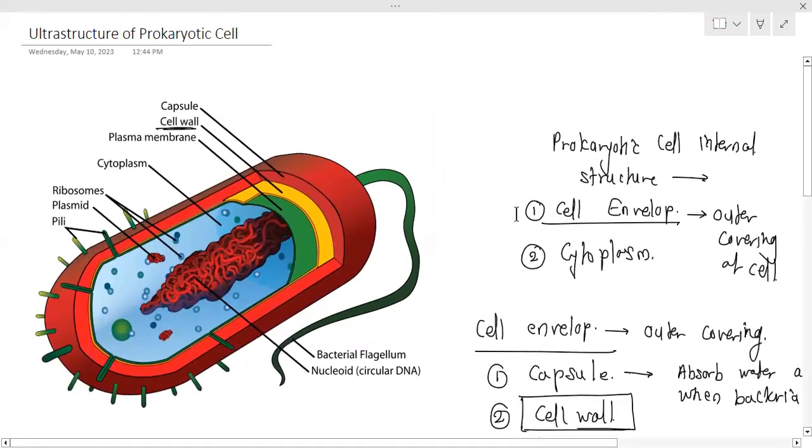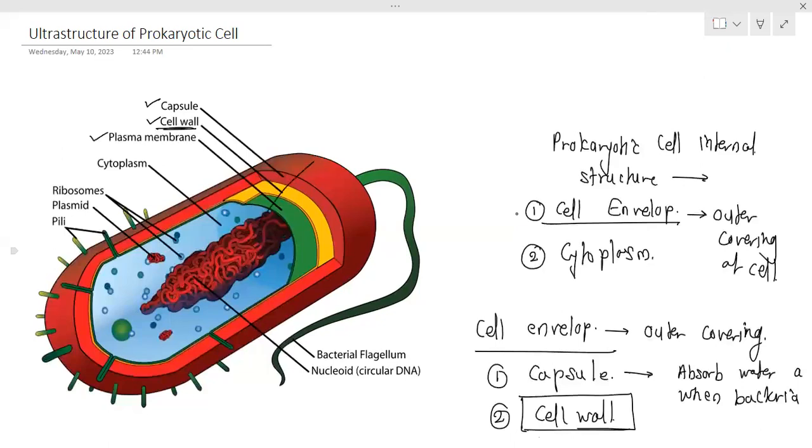Understanding? Okay, so we studied the capsule, the cell wall, and the plasma membrane. Now let's study what we see inside the bacterial cell. When we see the bacterial cell from the inside, the most space is occupied by its genetic material.